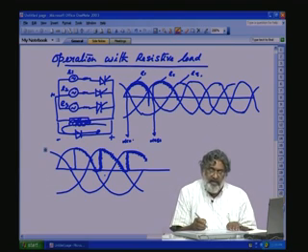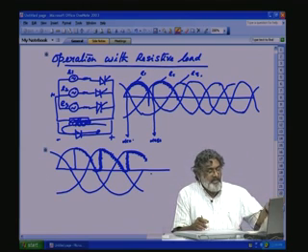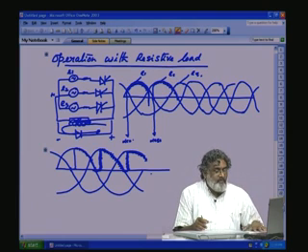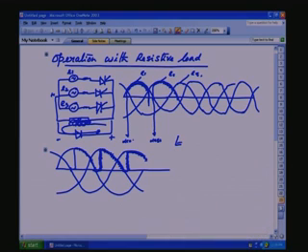Now, here, what will be the output DC voltage equation with respect to the firing angle, that we can find out here, that is E0 alpha.